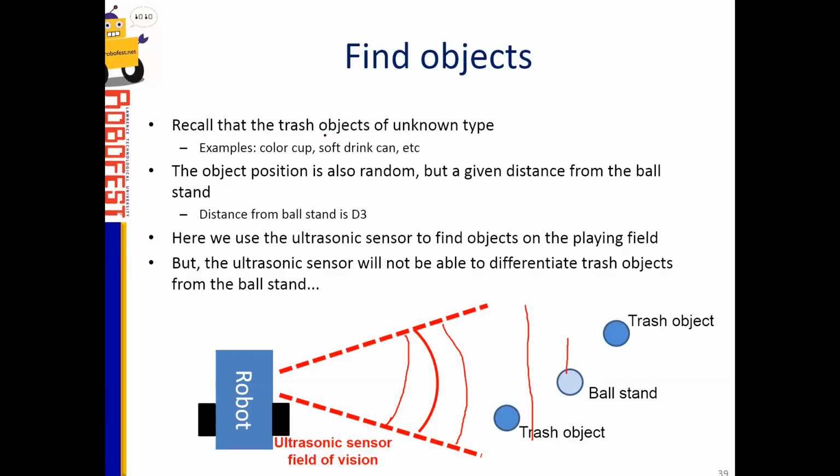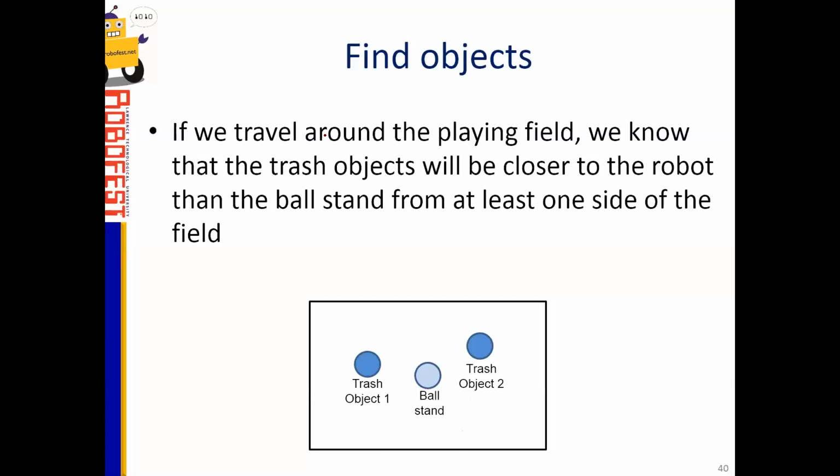So let's look at some of the ways we can do that. We travel around the playing field. We know that trash objects will be closer to the robot than the ball stand, at least from one side of the field. Let's say the trash objects are here. Well, if I'm here, the ball stand is closer. But if I'm here, trash object 1 is closer. And if I'm here, trash object 2 is closer.